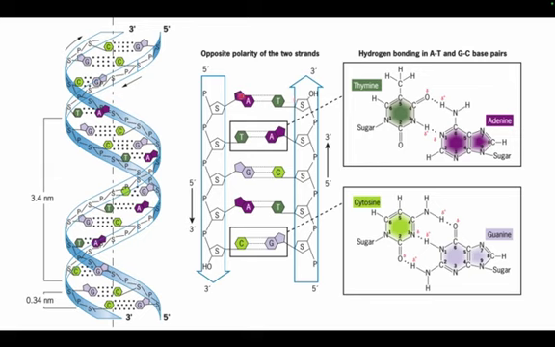Essentially, if I have an adenine on this side, the only partner it can form a bond with is thymine. Similarly, if I have thymine on this side, it can only form a bond with adenine. So you can see that if the sequence of bases on this side is known, then that forces the other side to adopt a complementary sequence.